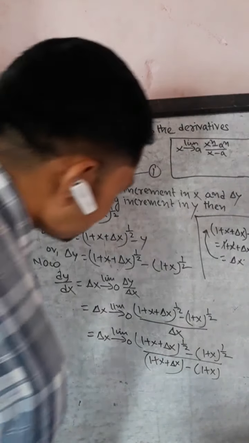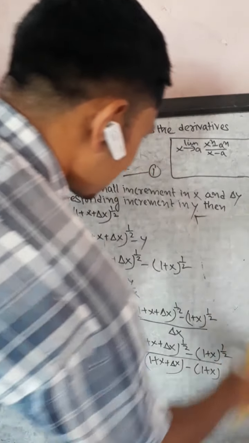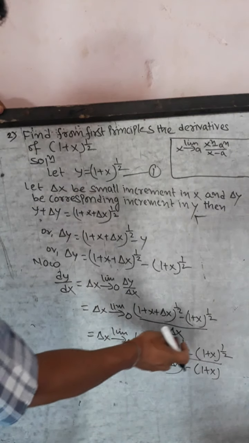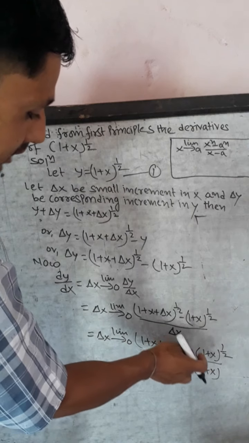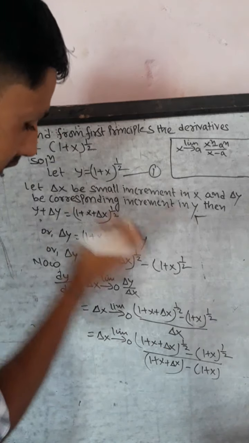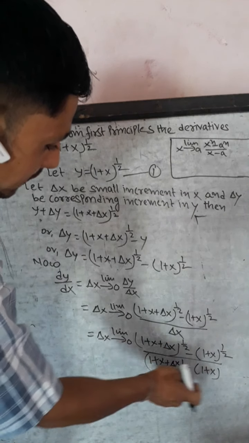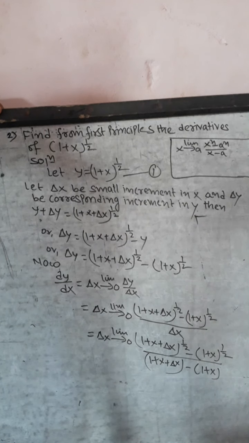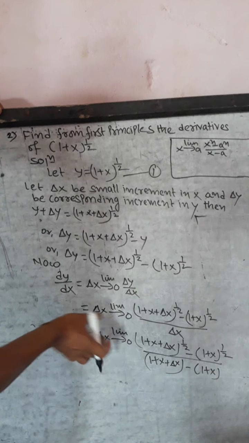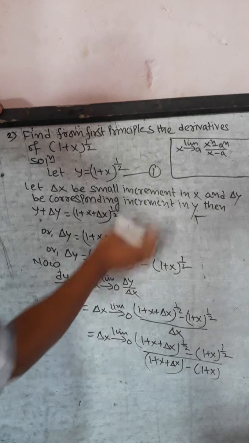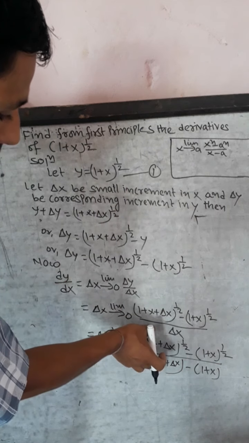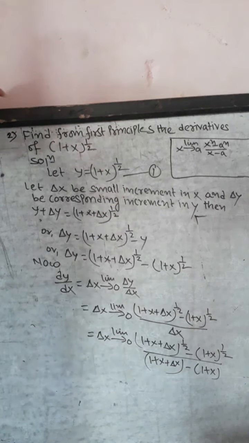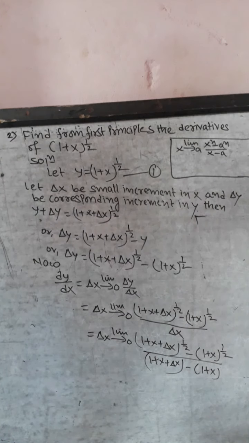Okay. Now, still the formula is not matched. You got x to the power n minus a to the power n, divided by x minus a also. But see there, the limit is x tends to a, which means this tends to what? Now let's change the limit.